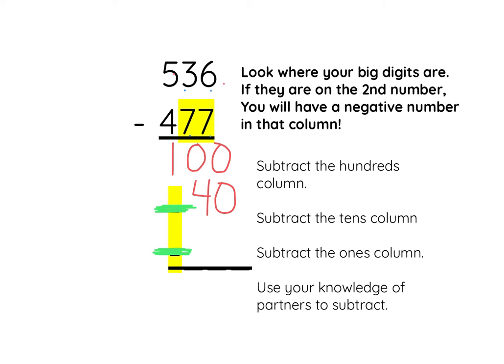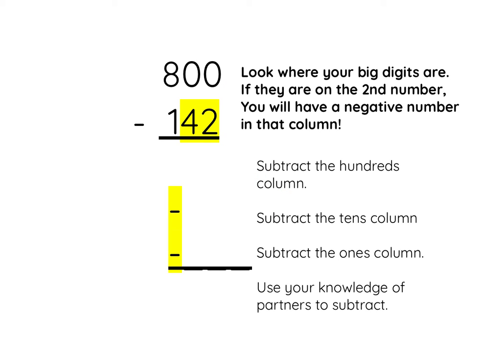And a 6 minus 7 is a negative 1. Combine your parts together. 100 minus 40 equals 60, because that's the partner to 40. 60 subtract 1 equals 59.